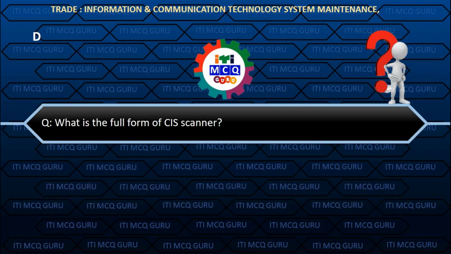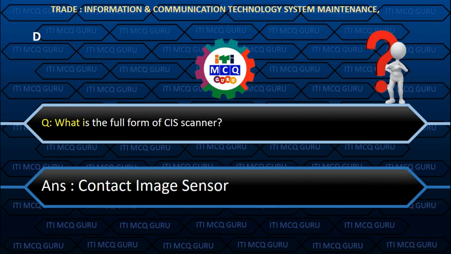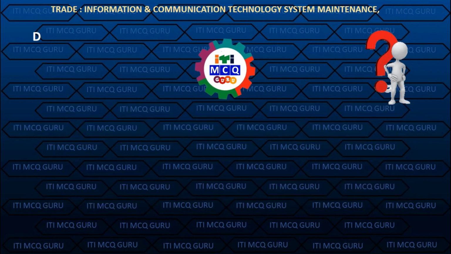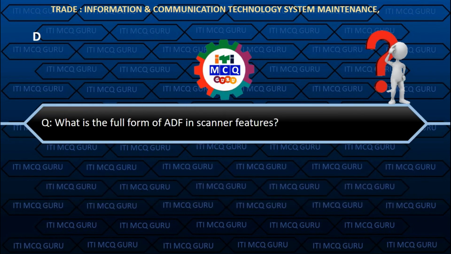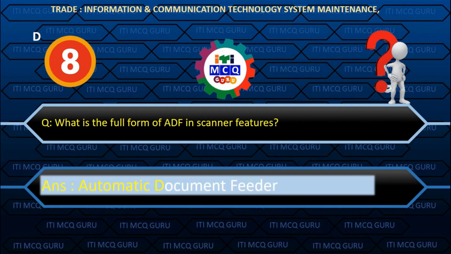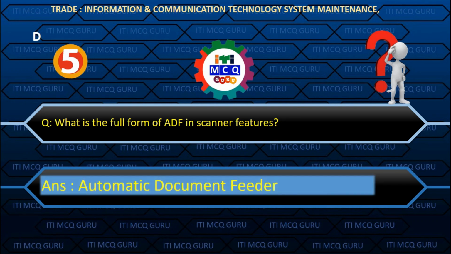What is the full form of CIS scanner? Answer is Contact Image Sensor. What is the full form of ADF in scanner feature? Answer is Automatic Document Feeder.